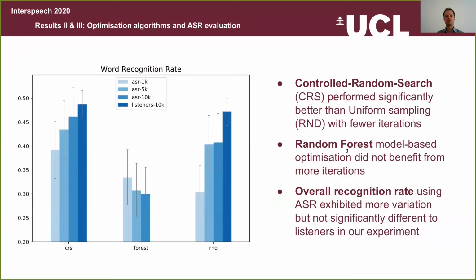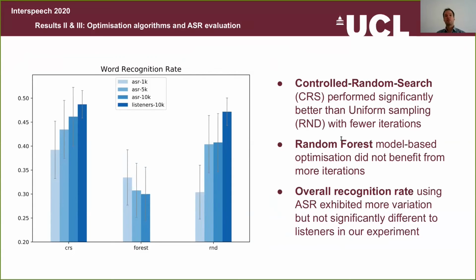Focusing on the ASR results over 1,000, 5,000, and 10,000 iterations for each group, we make two observations. CRS performed significantly better than uniform sampling with only 1,000 iterations. And model-based optimization with the acquisition function we tested did not benefit from increasing the number of iterations.